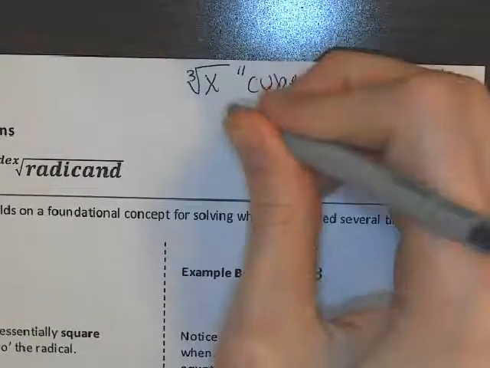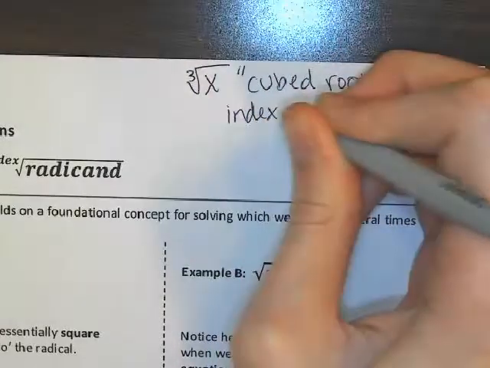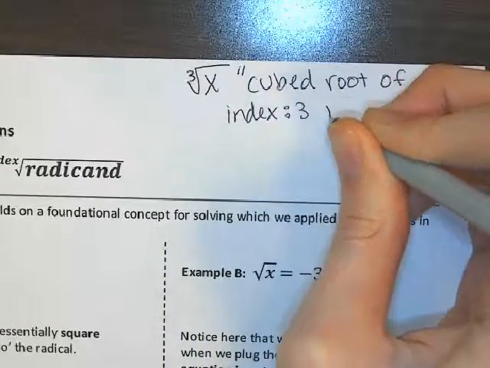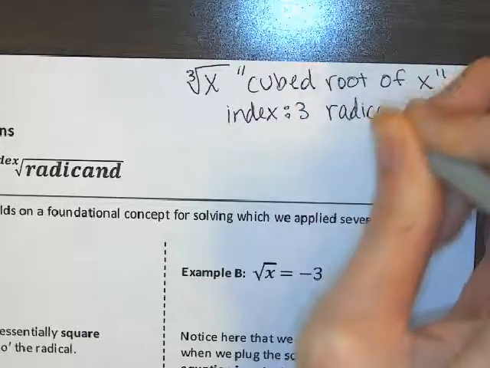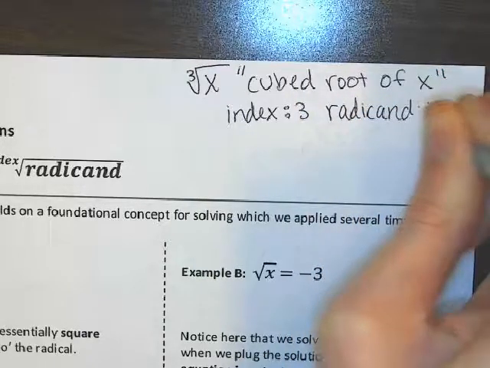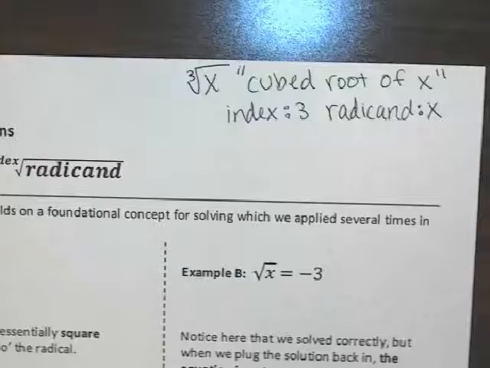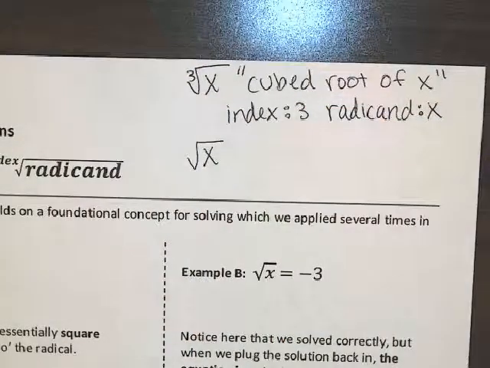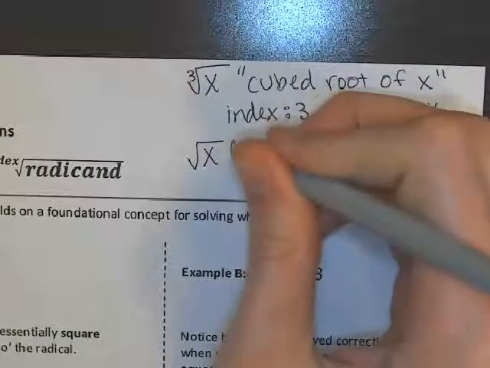And then to be specific, what is the index when you see it? 3. And the radicand is x. Okay, now this one, same thing, but with the what? How would you read this? Square root of x.